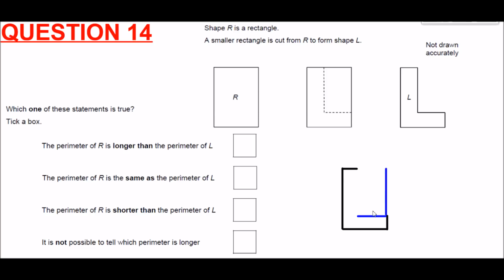If I move it back, move it back again, using the same outside lengths, no more or no less, I can make the shape L. And so actually the perimeter, the outside bit, is no different. Because the outside bit's no different, the perimeter is exactly the same as what it was before. So the perimeter of R is the same as the perimeter of L. So we need to tick the box which says the perimeters are the same.